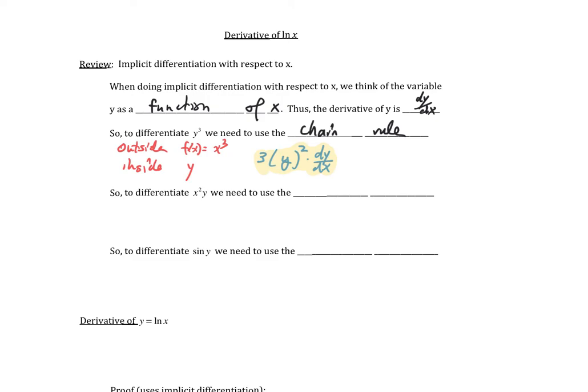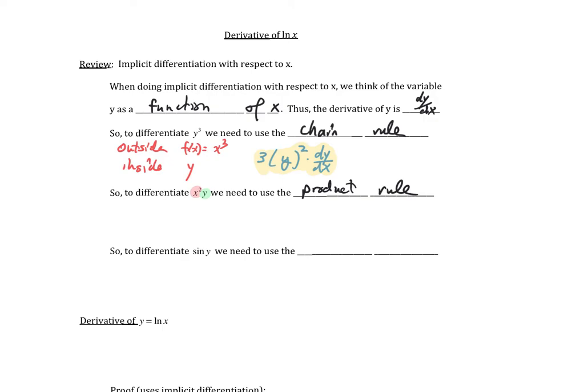Let's take a look at another example. Let's say you have something that looks like this. This guy right here requires you to use the product rule, right? So one function would be x squared, and the other function would be y. So when we take the derivative of this, we need to use the product rule.